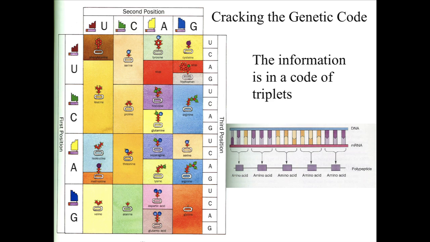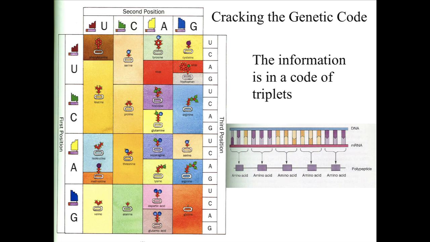I will also point out that the code is redundant. CUG codes for this amino acid, and CUA will code also for that amino acid, leucine. So the code is redundant. Thirdly, there are stop signals. UAG will code for a stop, so will UGA code for a stop.